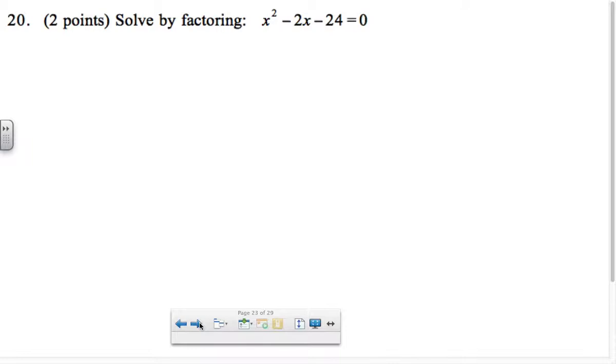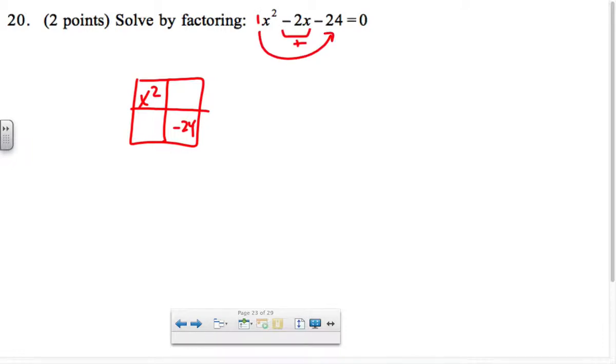This one, you can factor out any monomials, but it can be factored using either the box method or the shortcut method, since there is a 1 in front of the x squared. Using the box method, you ask the magic question, what adds to negative 2x and multiplies to negative 24x squared.